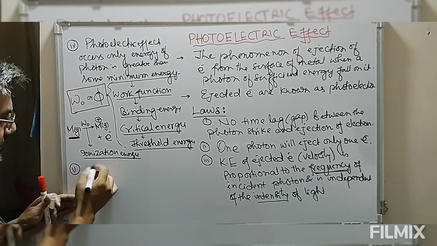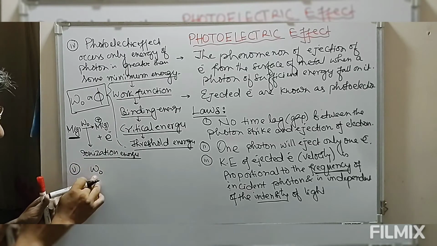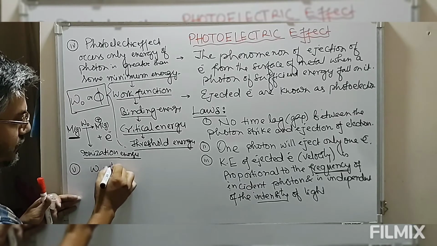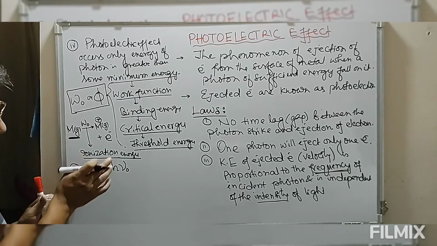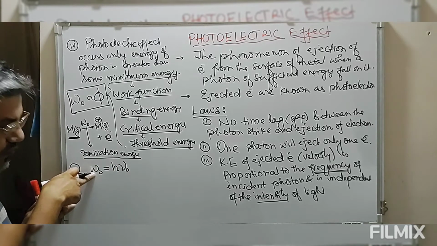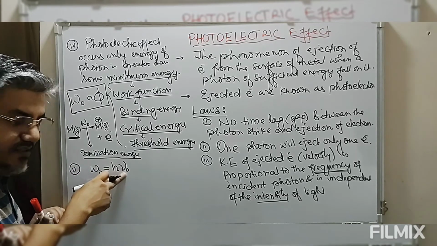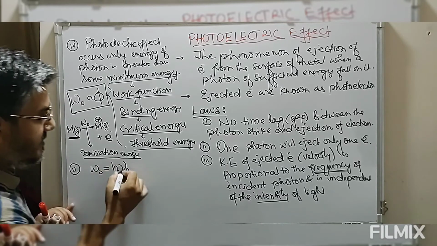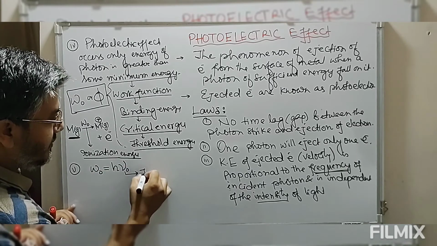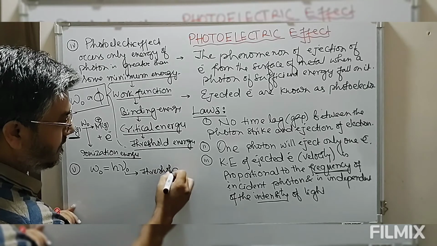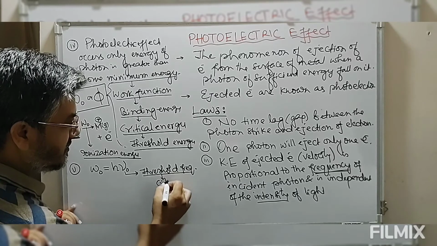Now look at this, for this ejection, the work function W naught is equal to h nu naught. If I am saying the energy must be greater than this work function, then according to Planck's equation, h nu must be greater than h nu naught. So nu naught is known as the threshold frequency, which is also known as the critical frequency.